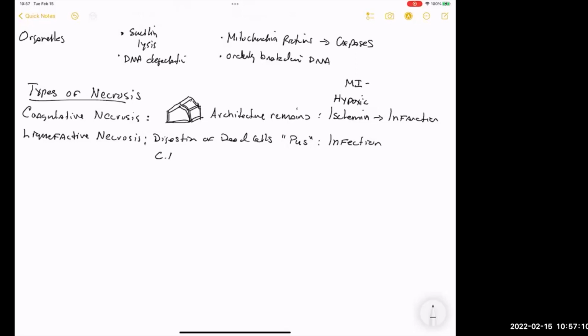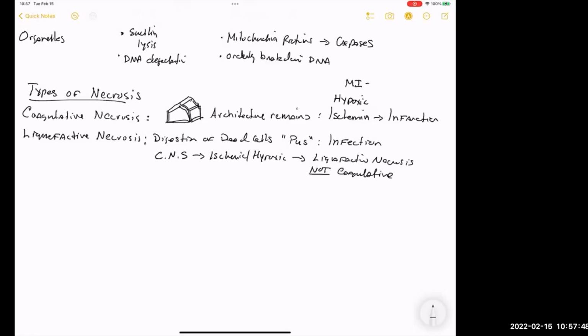So in the central nervous system, the brain primarily, if there is ischemia or ischemic/hypoxic injuries, instead of coagulative necrosis, you will get liquefactive necrosis. All right. That's kind of unique there.